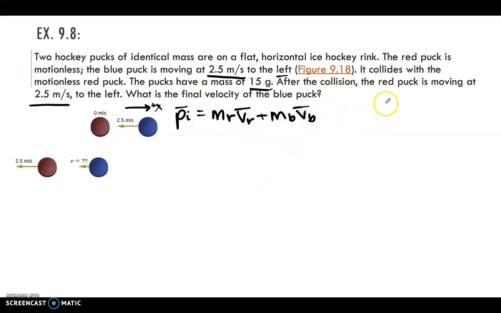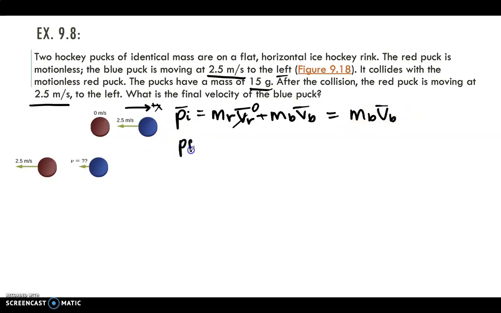Okay. So at first our red puck is motionless. So that means our momentum here is actually going to be 0 for red in the beginning. Okay. So our initial P is just MB times VB. Okay.